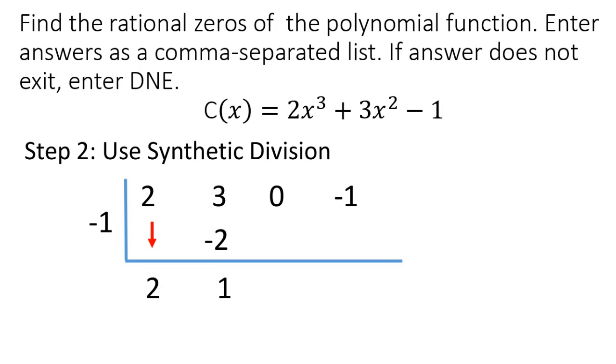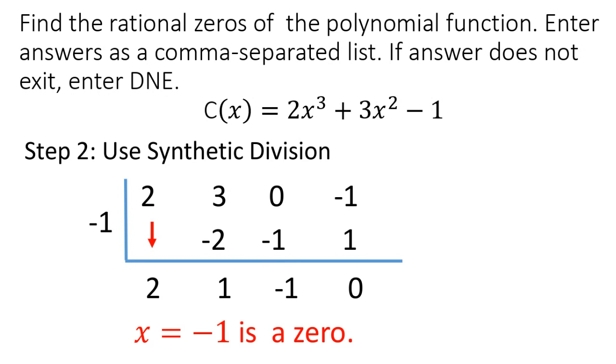So here we have, bring down the 2, and -1 times 2 is -2. Add to the 3, we get a 1. 1 times -1 gives me a -1. -1 plus 0 is -1. And -1 times -1 is +1. So then that is going to be 0.